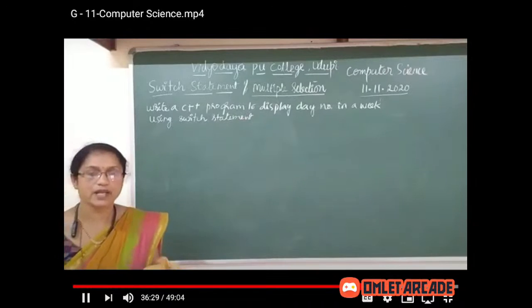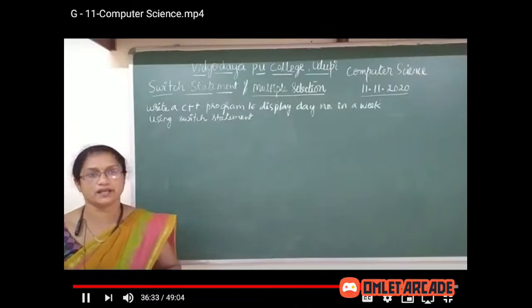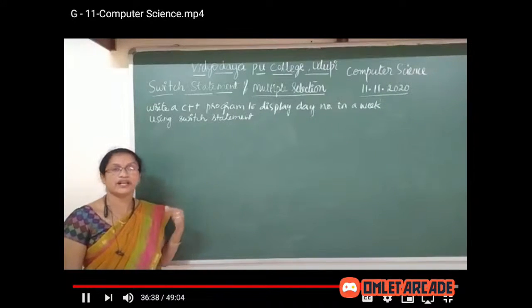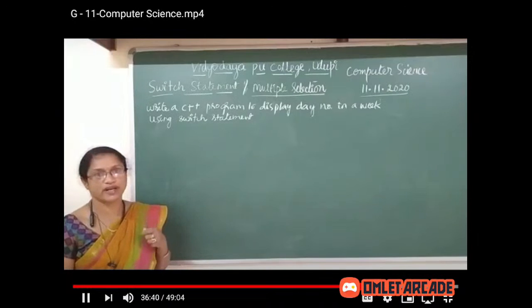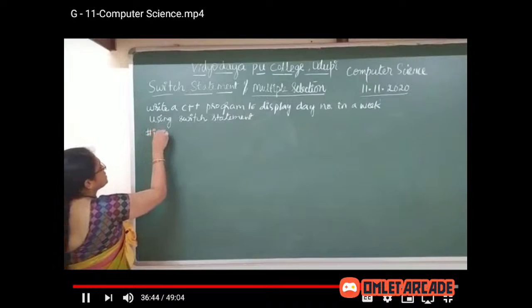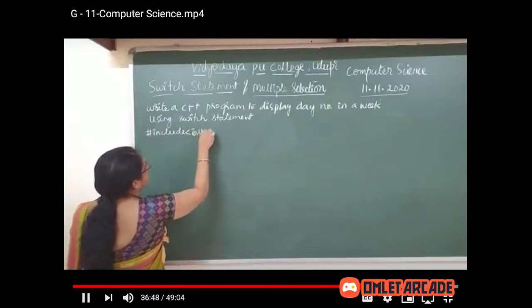In a week there are 7 days. If you use case labels 1 to 7, then the corresponding days are displayed. So for that we have to write the program. Now how to write the program? Three header files: hash include iostream.h.